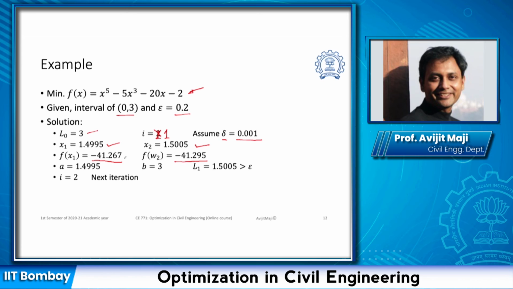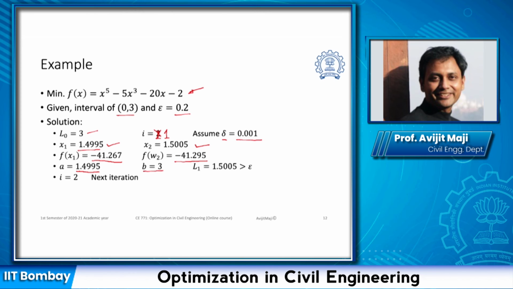So it is clear that the optimum solution is not going to lie at any point prior to this particular point. Hence we are shifting our lower boundary to 1.4995.